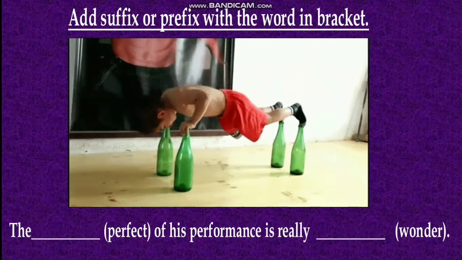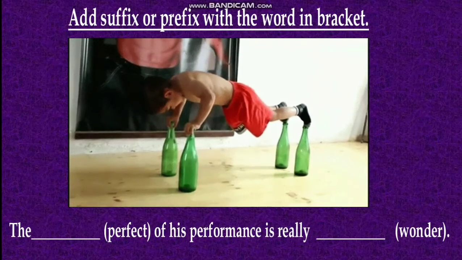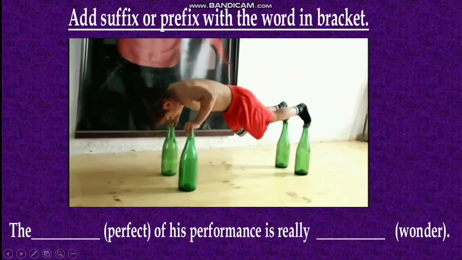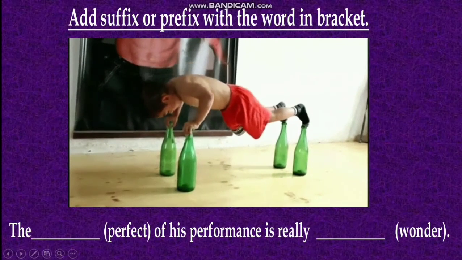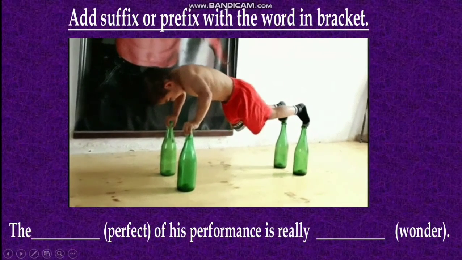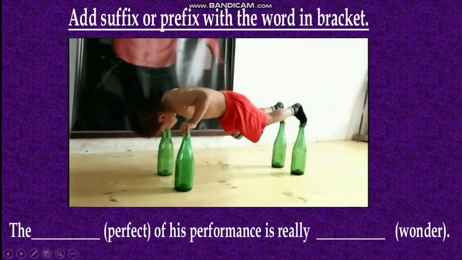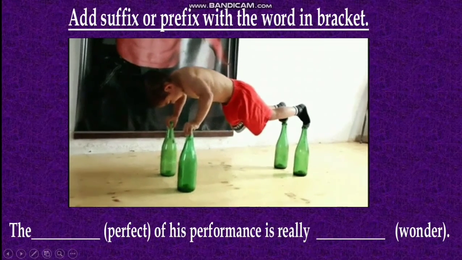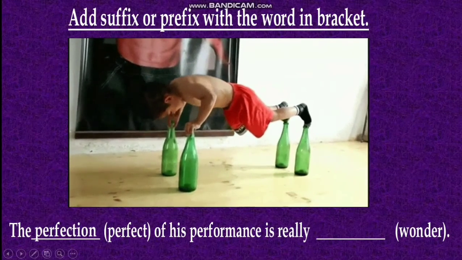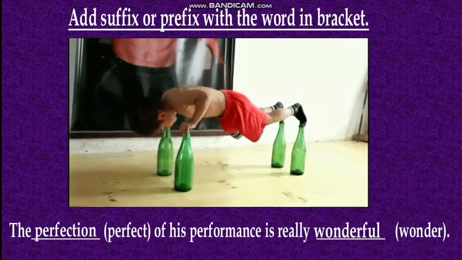If we turn it into a noun, it will be perfection. The word really is an adverb. We know that after any adverb we must use an adjective, but wonder is a noun. If we turn it into an adjective, it will be wonderful. So the sentence will be, the perfection of his performance is really wonderful.